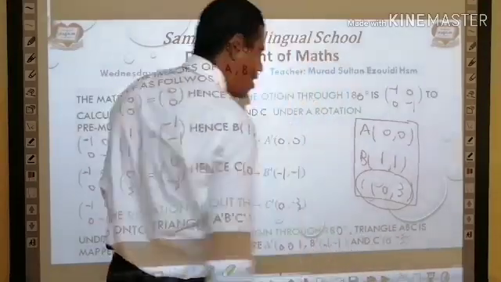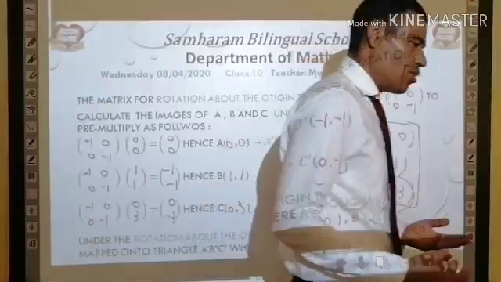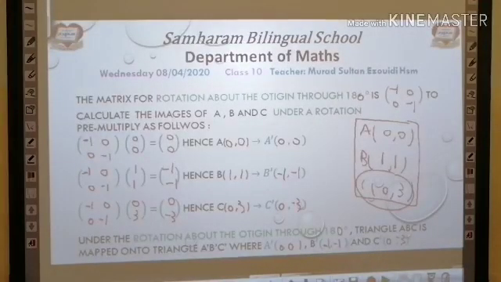Now at least we see how you can rotate shapes about the origin through 90 degrees, 270 degrees, and 180.